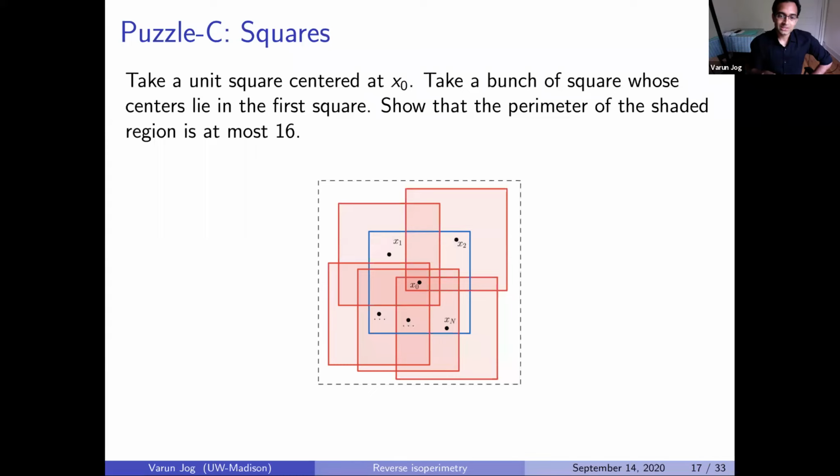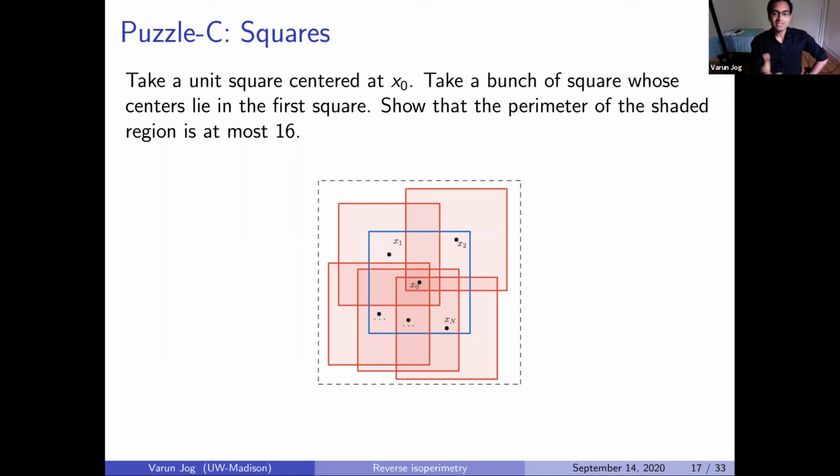And again, look at the union of all the things that you see, which is now this set with vertical and horizontal boundaries. Our goal is to show that its surface area, its perimeter, is upper bounded by 16, which happens to be the perimeter of the square, the L infinity ball of radius 2, which is the perimeter of a side 4 square.